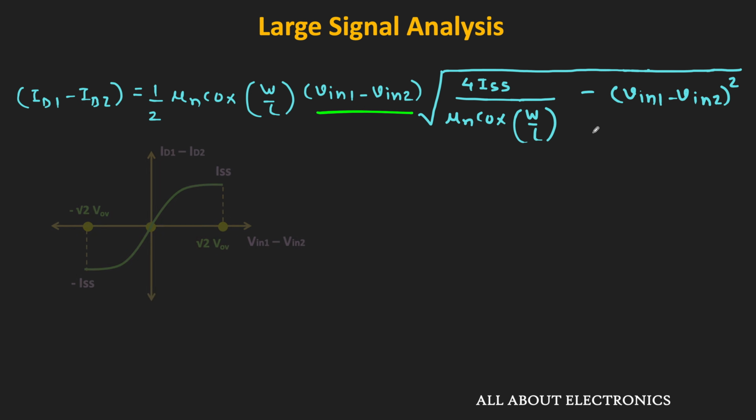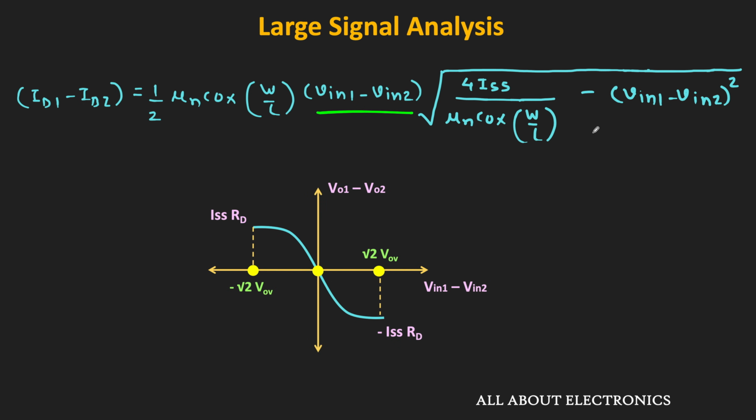And if we see the differential output versus the differential input, then the curve will look like this. So here, since the ID1 minus ID2 is multiplied with the minus RD, so we are getting this type of curve.